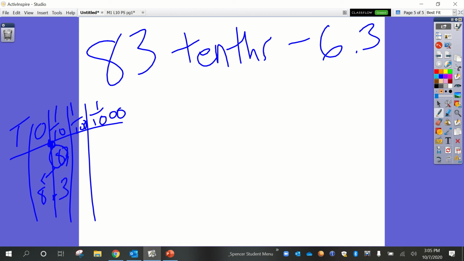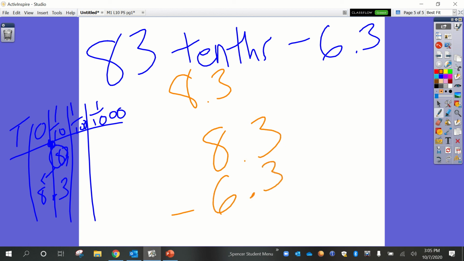So that means 83 tenths is really also known as 8 3/10. Well, I can take 8 3/10 and stack it, making sure to line up ones over ones, decimals over decimals, tenths over tenths, and now I can simply solve the problem.